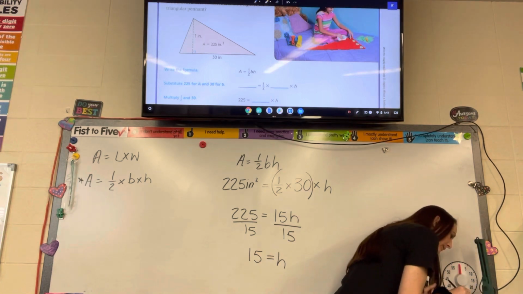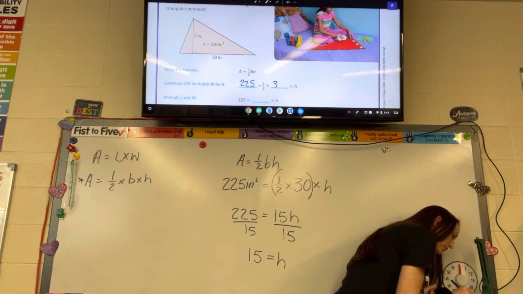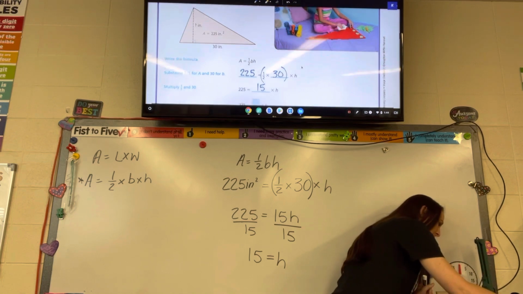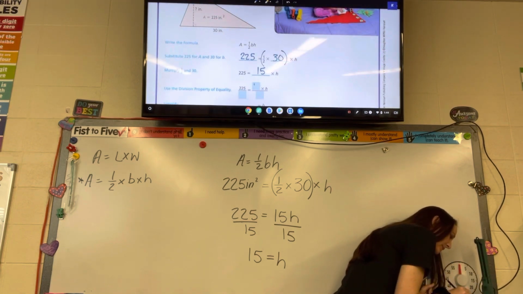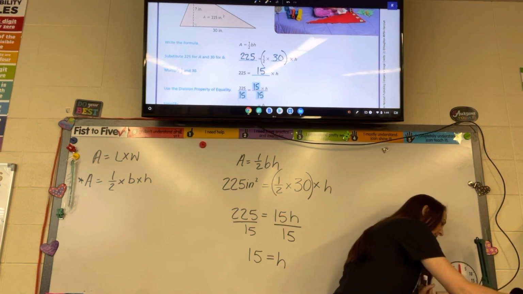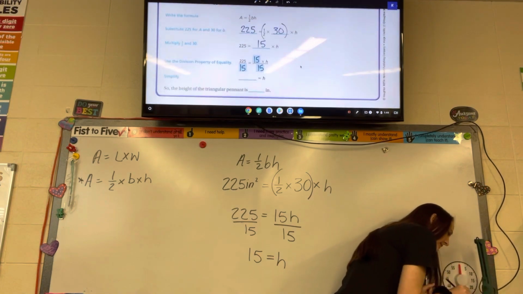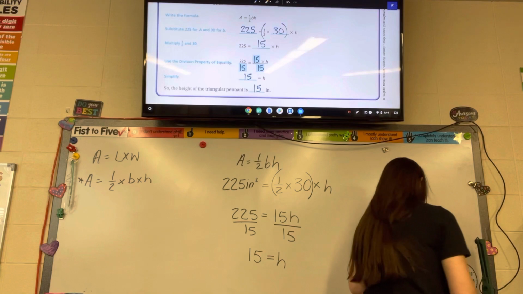So we plug in 225 for the area and then 30 for the base. 1/2 times 30 was 15. And what's being done to it is 15 is being multiplied by h, so we divide by 15 on both sides. That gets us 15 equals h, so the height is 15 inches.